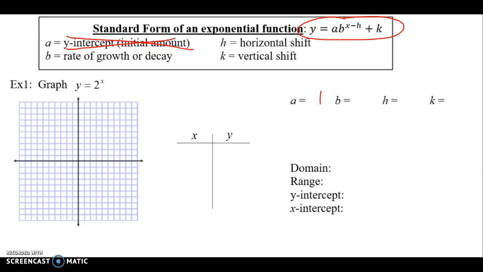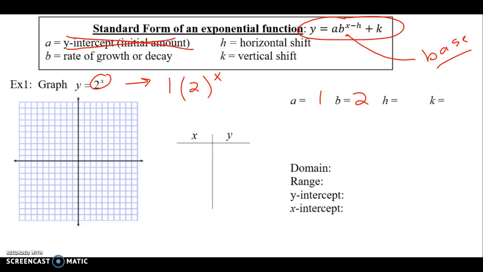They use b because it's the base of the exponent. So every exponent has to have a base. So if there's only one number there, that is b. So b is 2, which means I could rewrite this as 1 times 2 to the x, right? b is always the base of the exponent. So if there's nothing there, then a is 1.